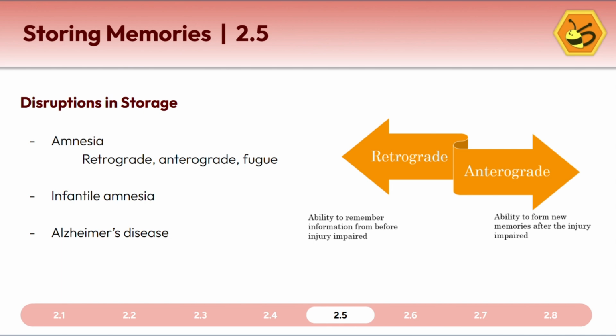So fugue has to be paired with losing your sense of identity and leaving your home, going somewhere else, establishing that as your home or whatnot. Otherwise, it's just going to be dissociative amnesia. Okay.